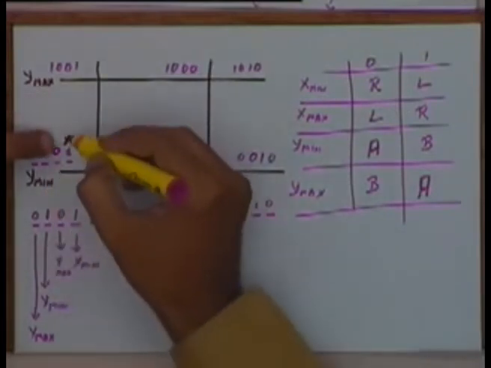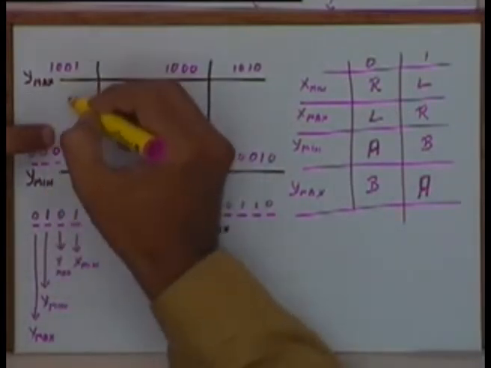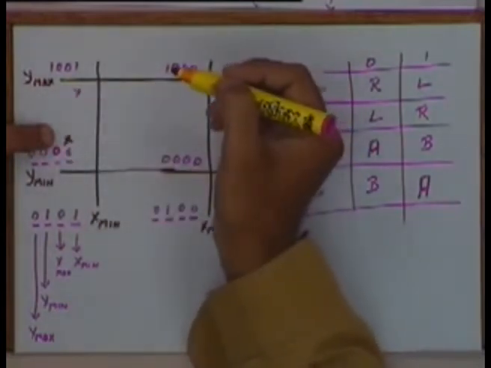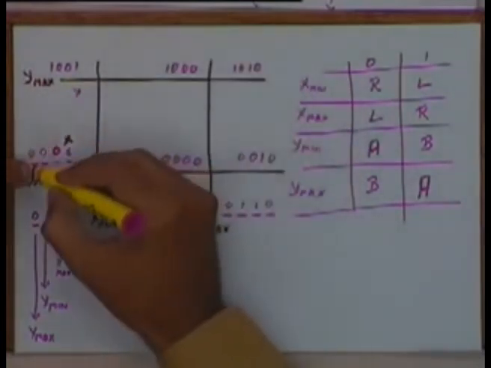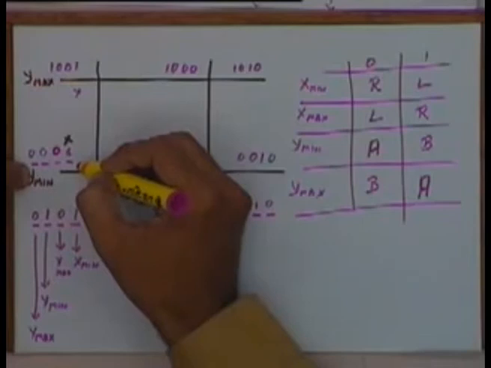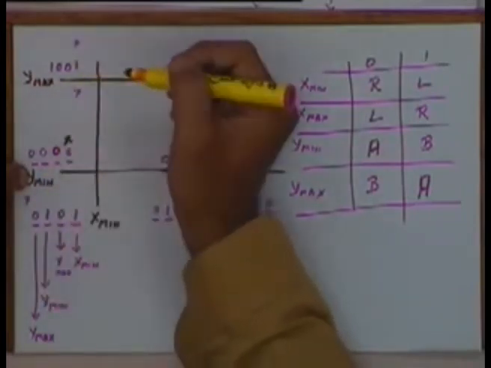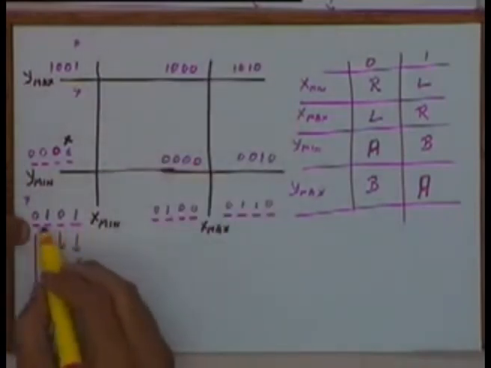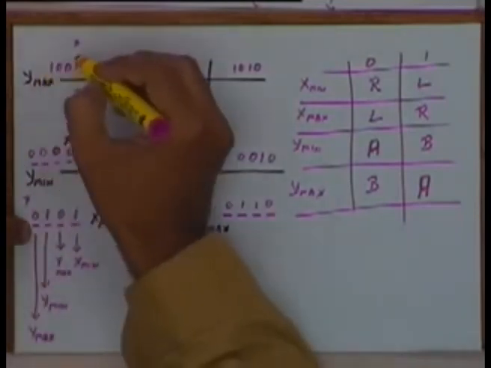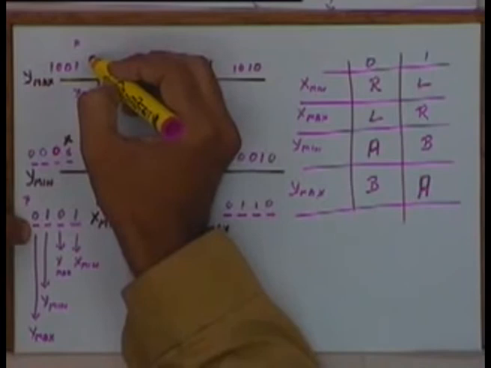Now, if one point is here and the second point is here, both of them will get the code of 0001. If one point is here and the other point is here, this will get a code of 0101, this will get a code of 1001.